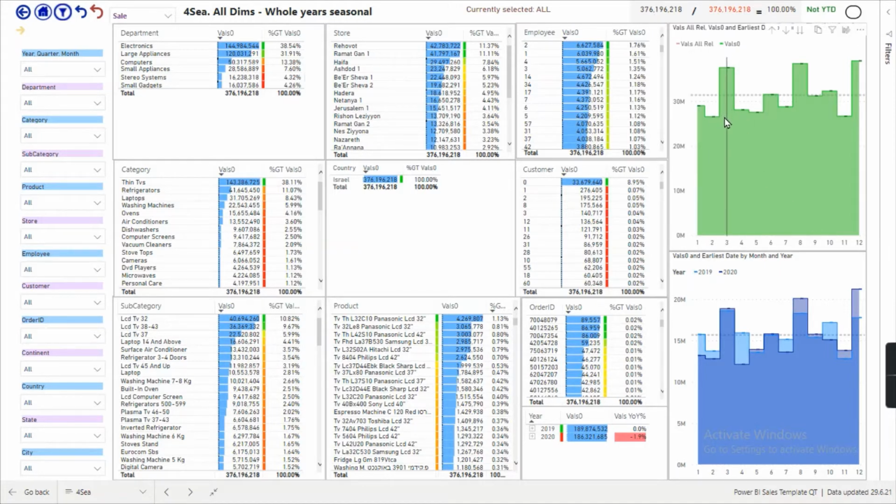12 months over 3 years. In average, months 3, 8, and 12 are the highest month for sales. Speaking of sales, we are in Israel. So this is Passover. This is before the return to school, and this is the end of year, the end of fiscal year also.